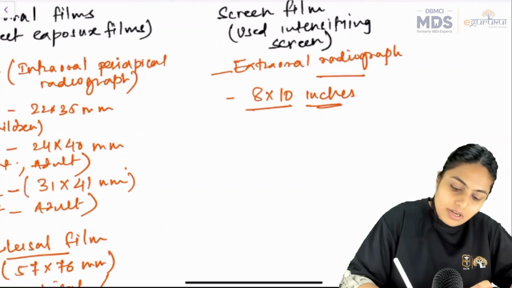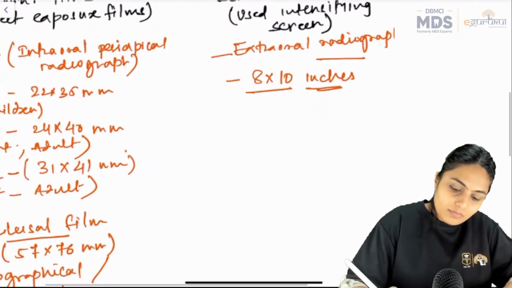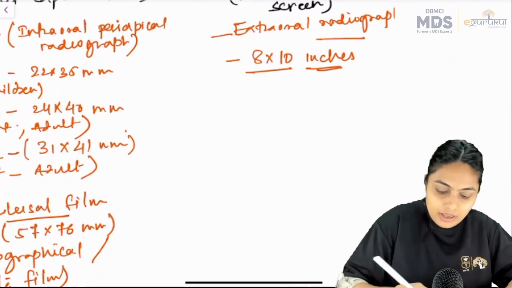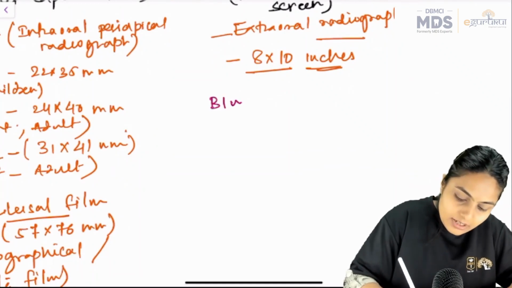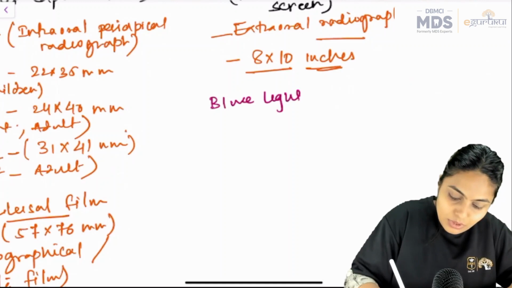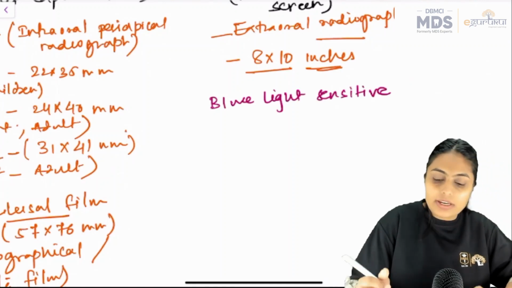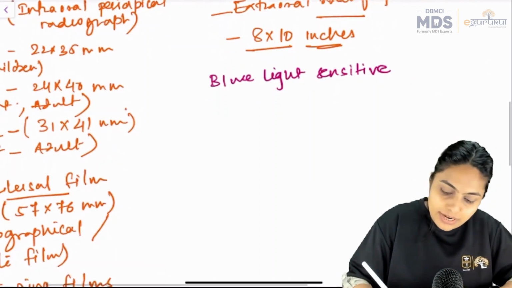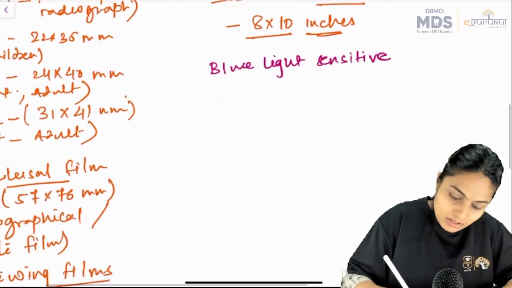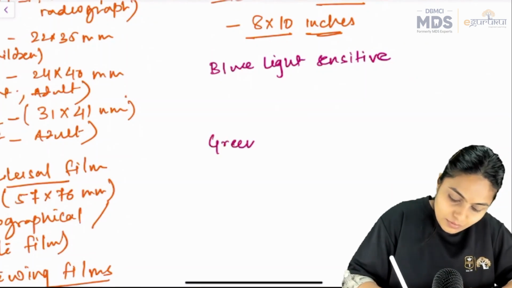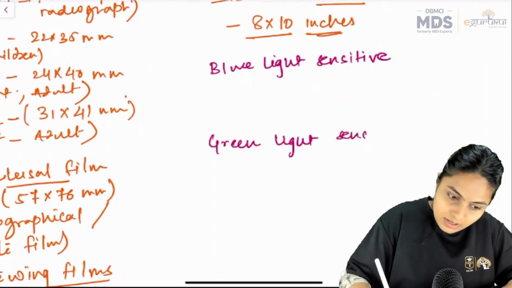Now these screen films can be blue light sensitive, and it depends on the composition of the film. So blue light sensitive, and next is green light sensitive.